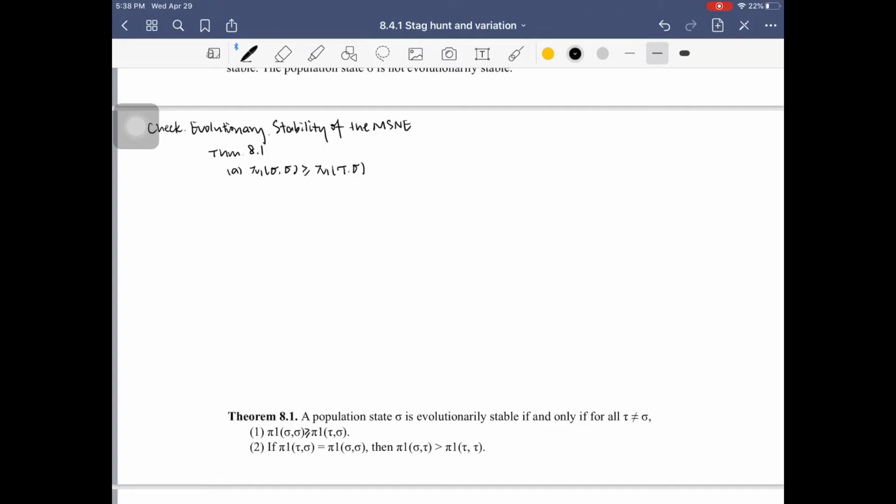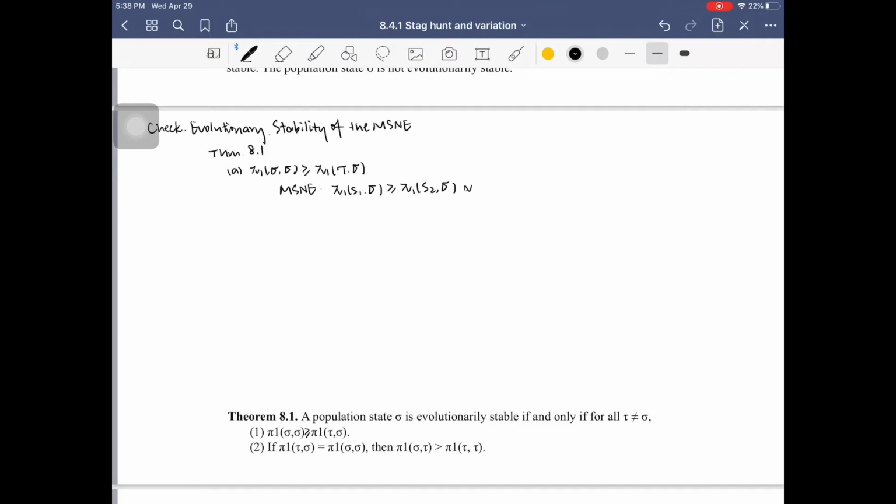And we know that the Nash equilibrium is a mixed strategy Nash equilibrium, so it naturally satisfies this criteria that pi 1 S1 sigma, of course, is greater or equal to pi 1 S2 sigma.